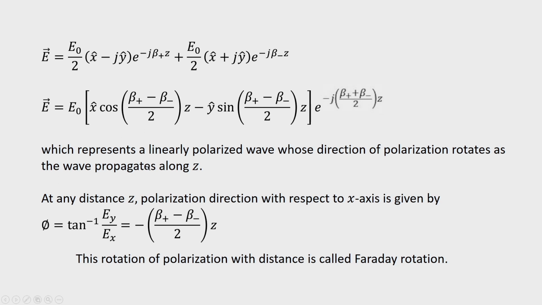And this represents a linearly polarized wave whose direction of polarization, we will see, rotates as the wave propagates along z. Now, the angle phi, which represents the direction of polarization with respect to the x axis, is given by tan inverse Ey by Ex, and this will be minus (beta plus minus beta minus)/2 z.